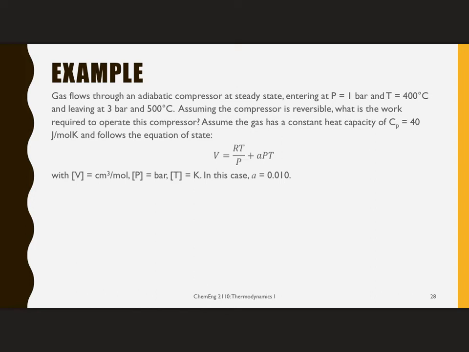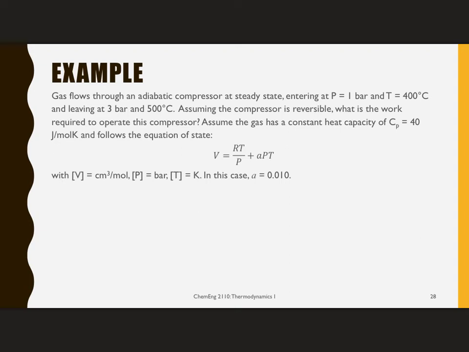We will assume the gas has a constant heat capacity of Cp equals 40 joules per mole Kelvin and follows the equation of state V equals RT over P plus A times PT. The units are given as volume in centimeters cubed per mole, pressure in bars, T in Kelvin, and A has the value of 0.010 for this particular case.